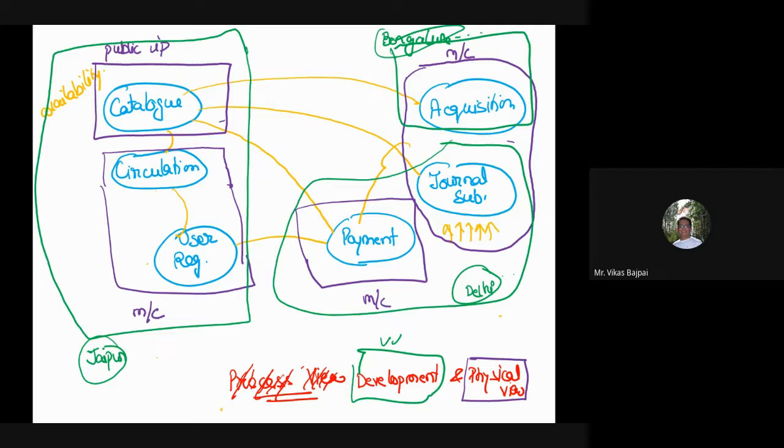As I said, it's not always that for every application you have to come up with this entire thing. Many times you skip some of the parts, and then we can come up with a partial kind of thing.